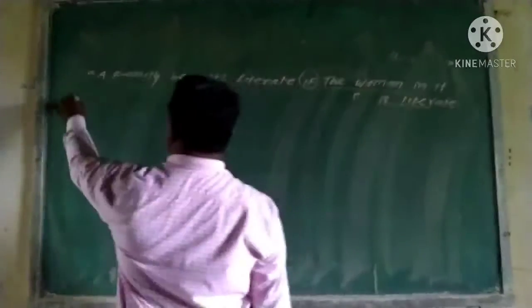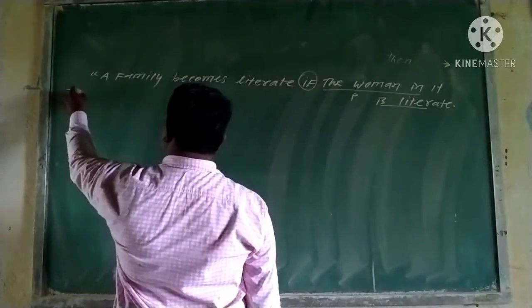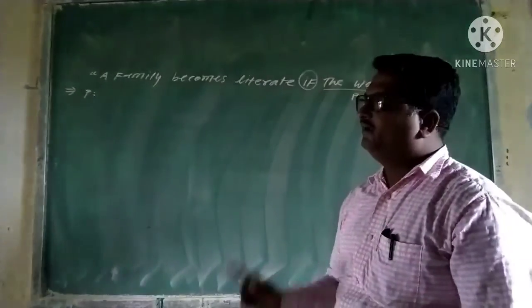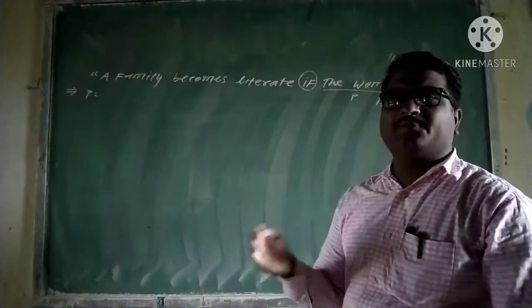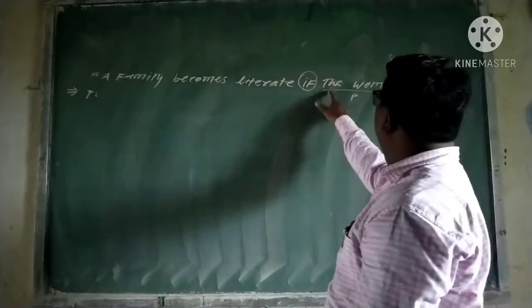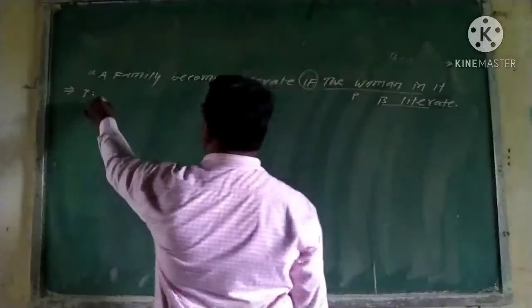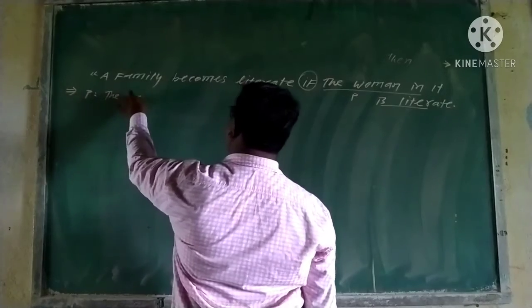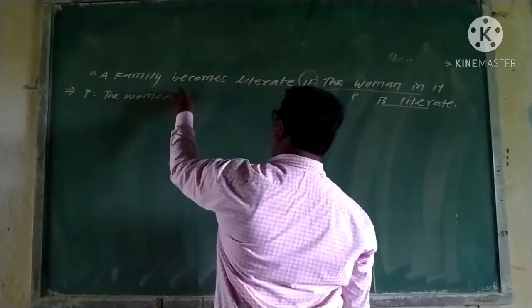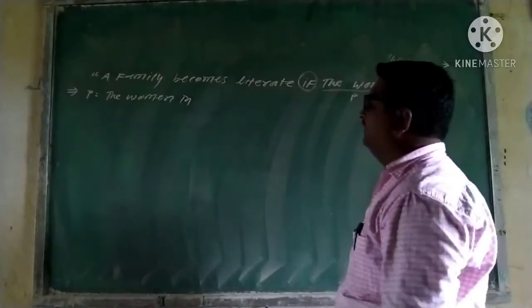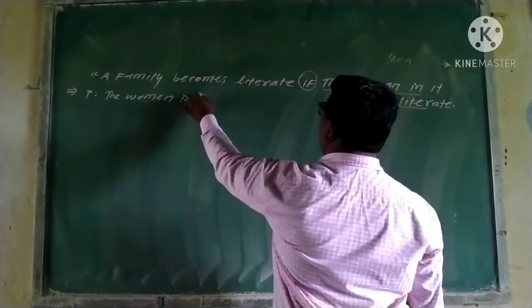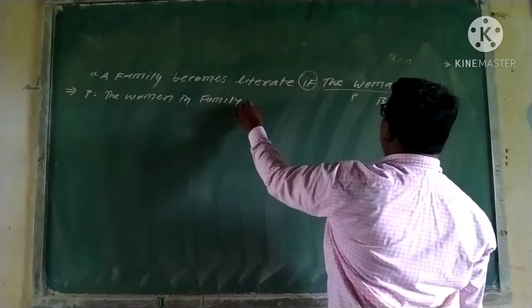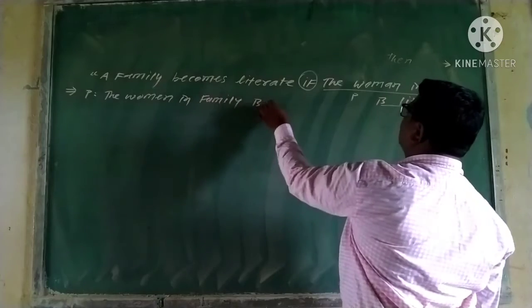Now here see that statement P is the first statement, which comes after if. The first statement P is: the woman in the family is literate.